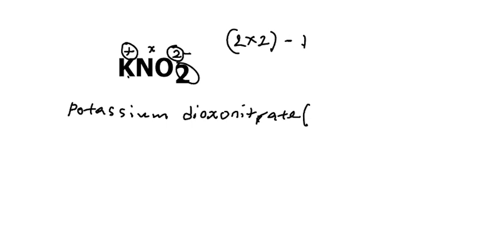So 2 from the oxygen times the charge of the oxygen, 2 times 2 will give me 4. 4 minus the 1 of the potassium will give me 3. So the charge here, write it in Roman numeral, which is 3. So the compound becomes potassium diozo nitrate 3.